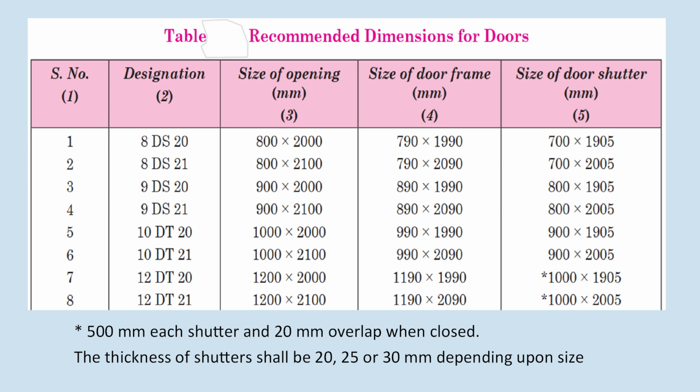So, the size of the opening is 1200 by 2000. Size of the door frame is 1190 by 1990 and size of the door shutter is given as 1000 by 1905. Here star is written. What it represent? Star represent that this door has double shutter of width 500 mm and 500 mm.